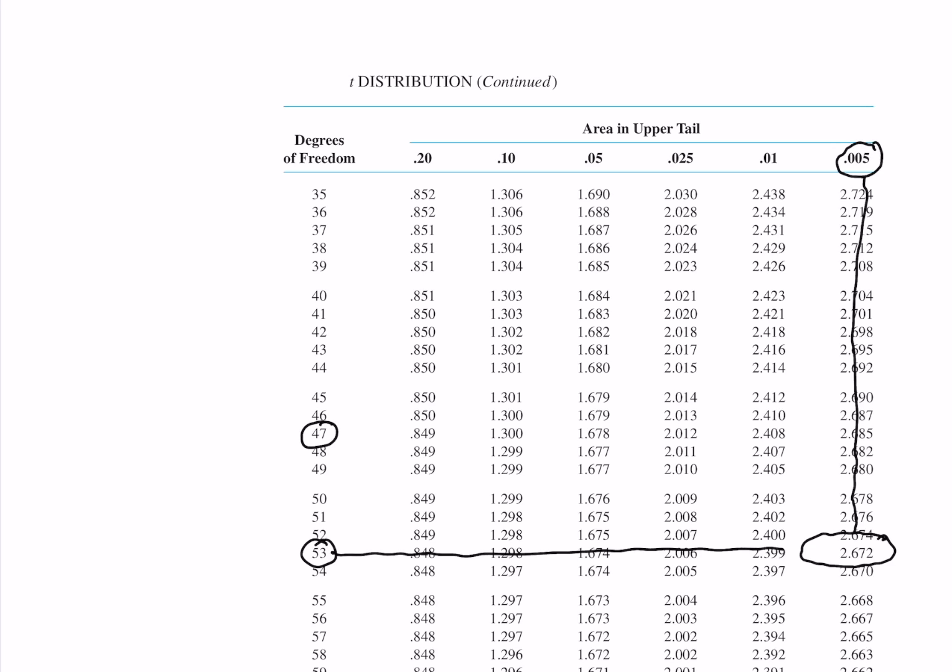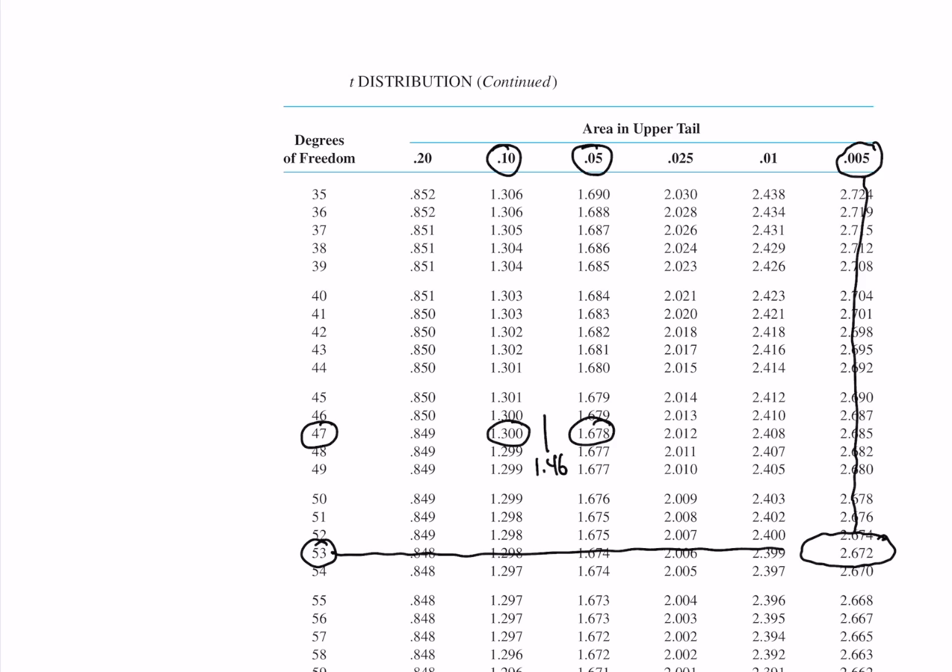We know that 1.3 gives an area of 0.1, and we see that 1.678 gives an area of 0.05. Our t-value is between these two t-values. Our t-value is 1.46. So it falls between 1.3 and 1.678.